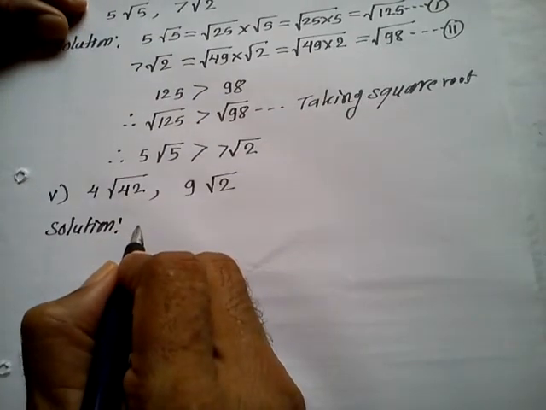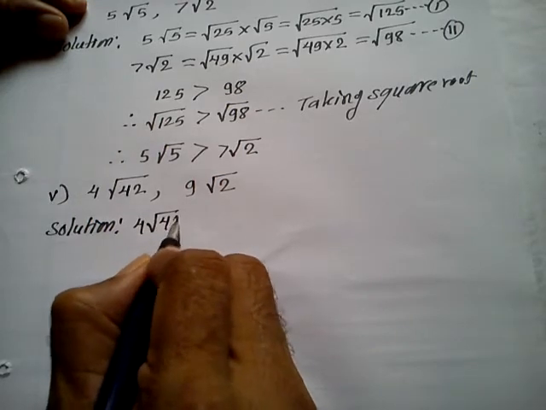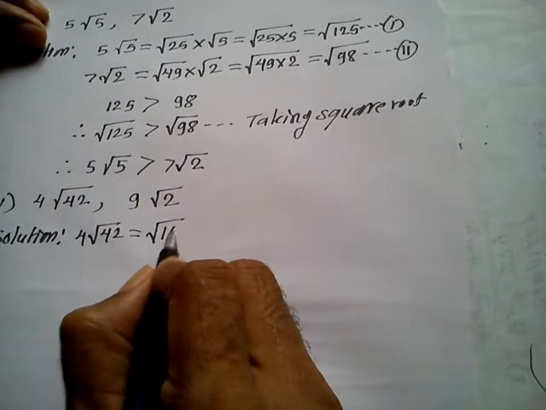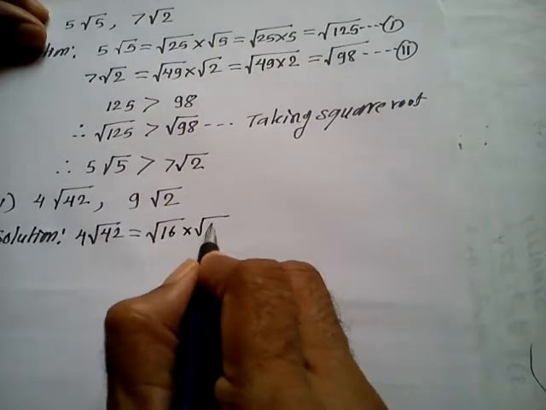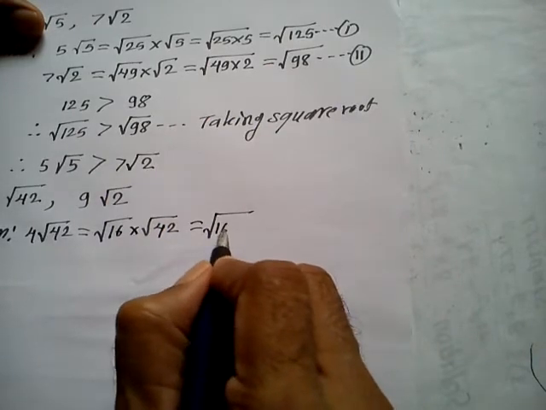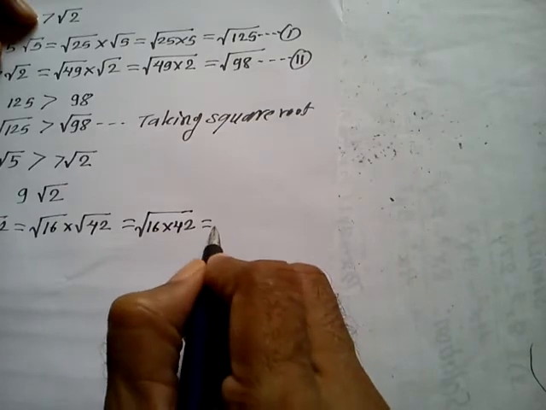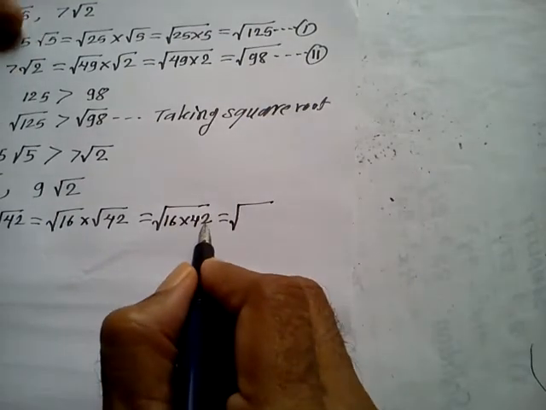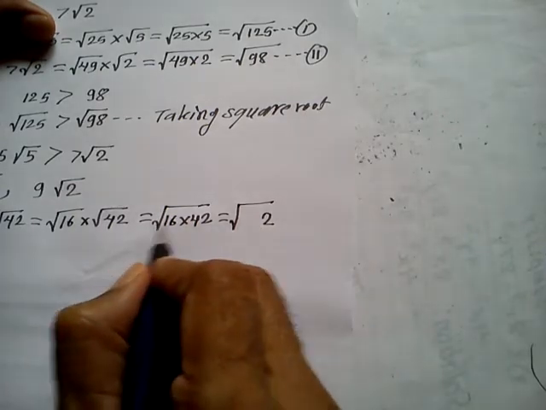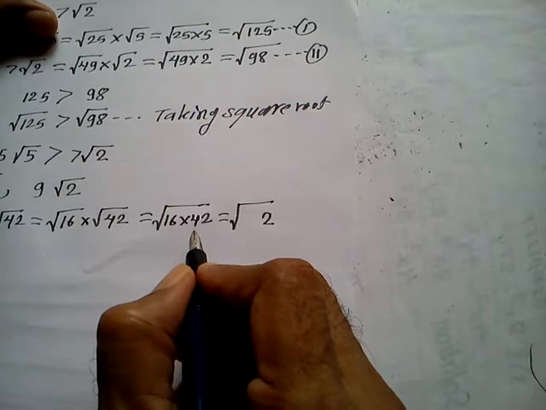First one, 4 under root 42 is equal to 4 square 16 into under root 42 is equal to 16 into 42 is equal to what will be, 16 2s are 32, carry 3, 16 4s are 64, 64 plus 3 is 67.